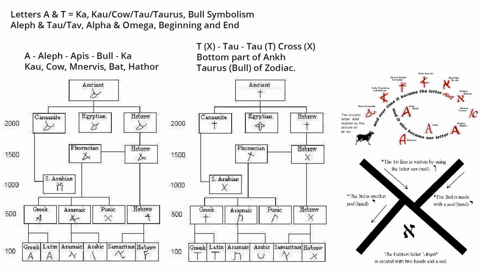So essentially, here's the A and the T, the Aleph and the Tav, the Alpha and the Omega, the beginning and the end, the first and the last. So the beginning and the end of the alphabet, in this way of representing it as the Aleph and the Tav, is the beginning and the end, and they both come from the bull. So the bull is at the beginning of the alphabet, and the bull's at the end of the alphabet.